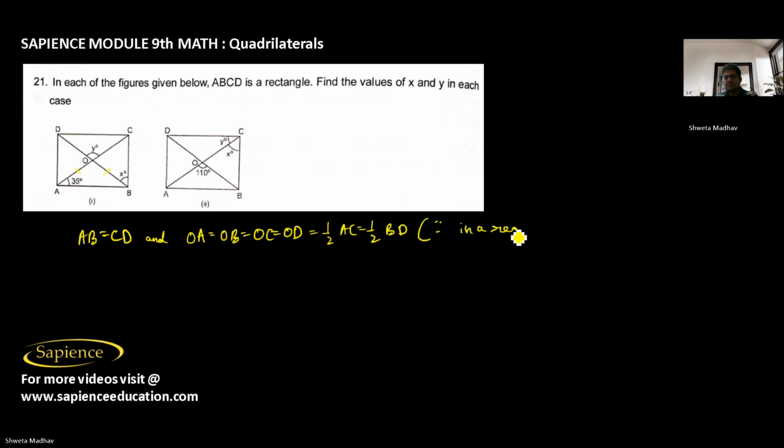The diagonals are equal, so OA equals OB equals OC equals OD, equal to half of AC, which is equal to half of BD, since in a rectangle the diagonals are equal and they bisect each other.